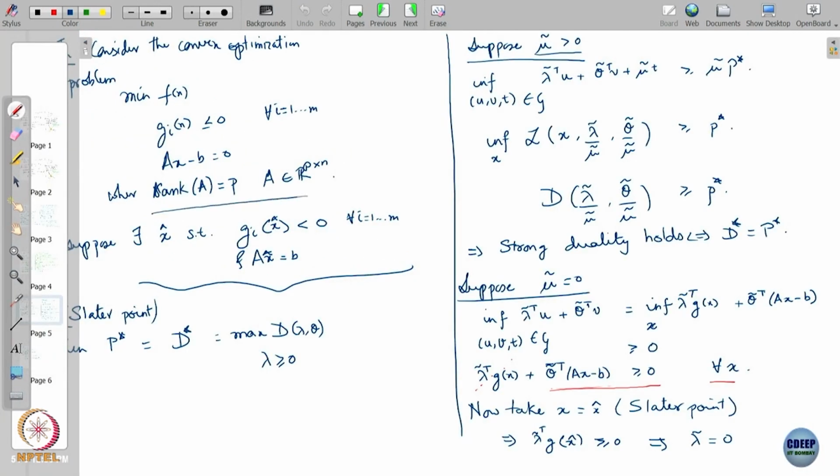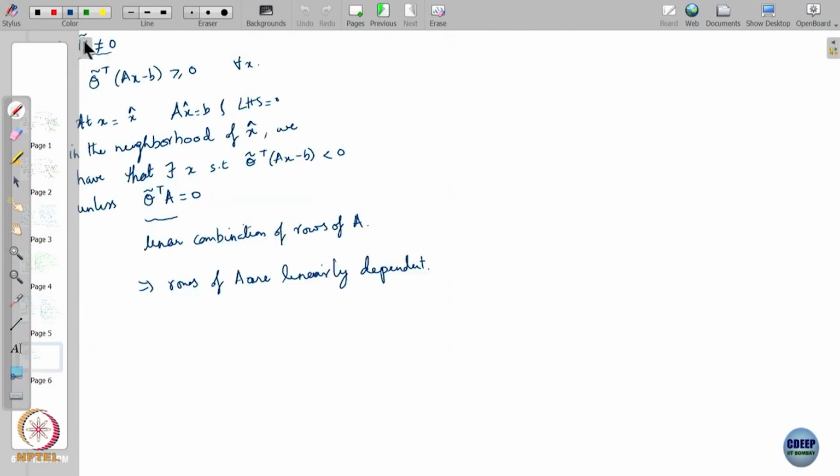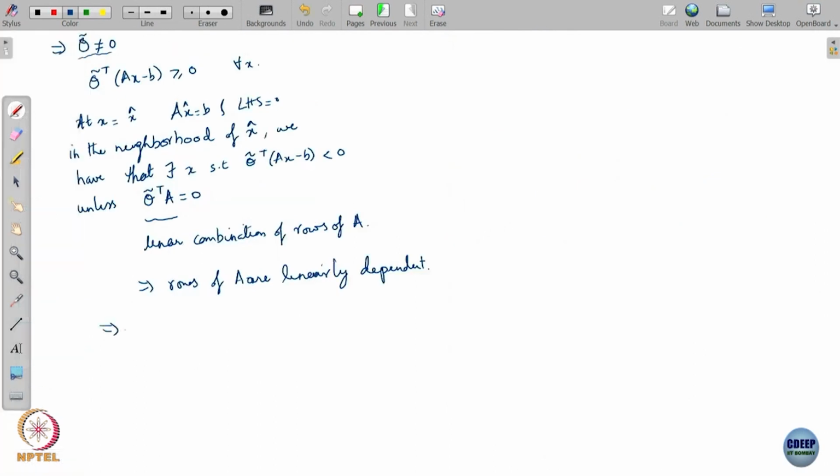We assumed that the rank of A is equal to P. That means it has full row rank, which is a contradiction, since A has full row rank.